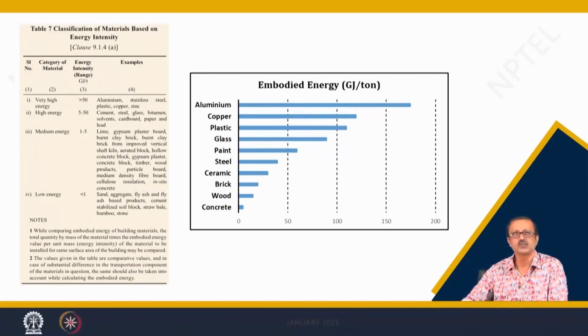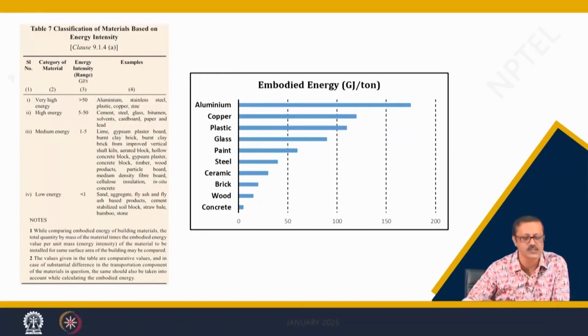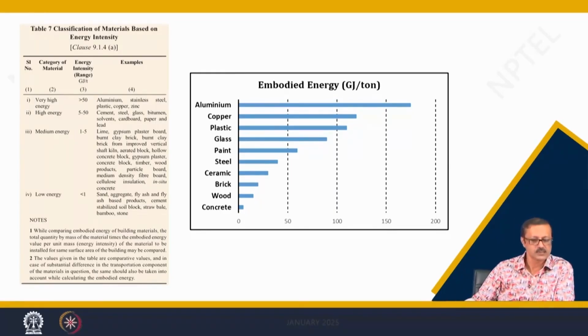So, based on this huge set of materials, the NBC 2016 has proposed some classification, under clause number 9.1.4 A. There they have given 3 or 4 segmented versions of the embodied energy.